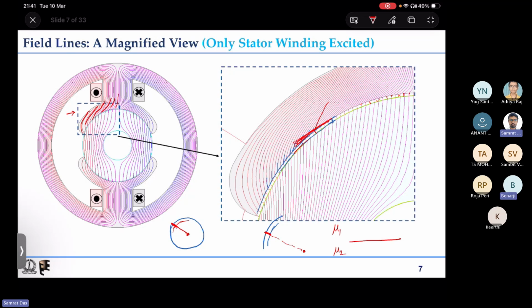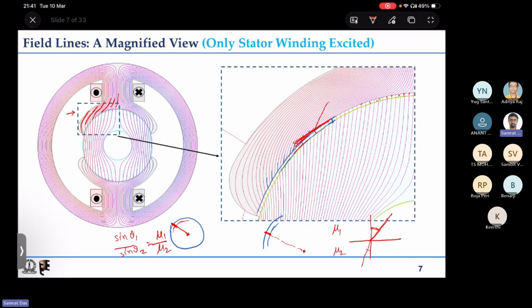So if some light beam comes here at a certain angle, it will leave at a certain other angle. So the sine of these angles depend on, sine theta 1 by sine theta 2, that is mu 1 by mu 2, right?